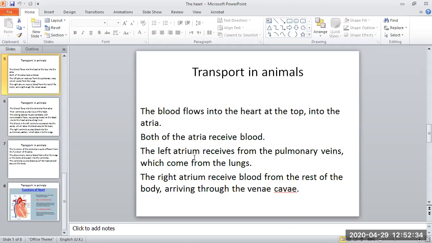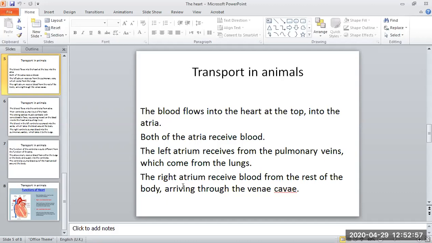Now here we discuss some functions of our heart. Number one, the blood flows into the heart at the top, into the atria. Both of the atria receive blood. The left atrium receives blood from the pulmonary veins, which come from the lungs.